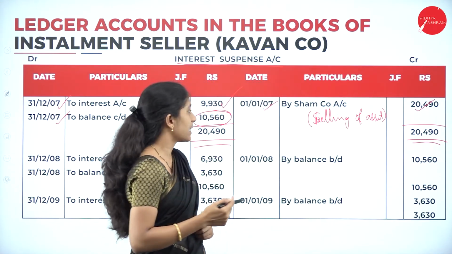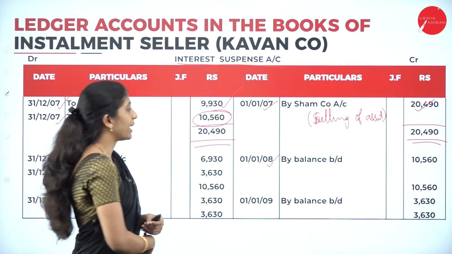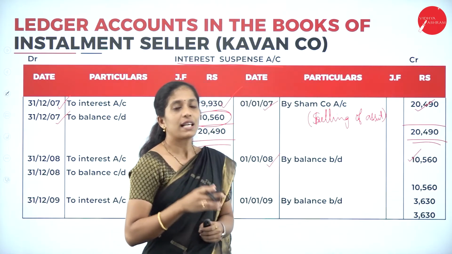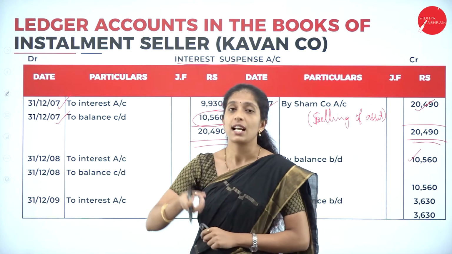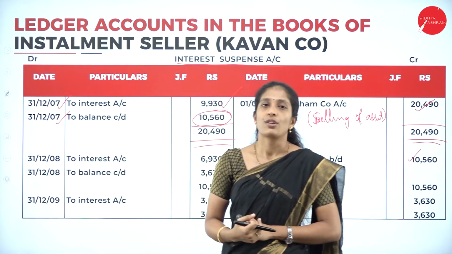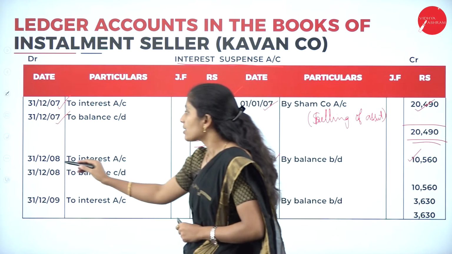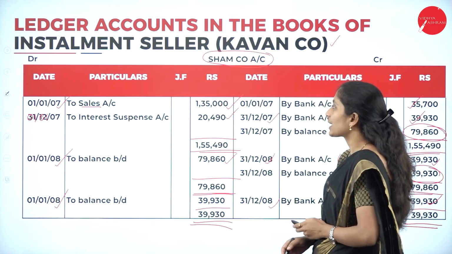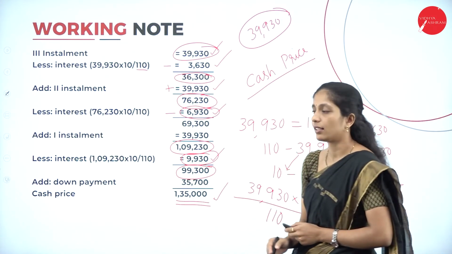Now come to the next year, that is 2008. 1/1/08 by balance brought down 10,560. Now in the second year, since you are not going to record the entry for selling of asset, directly go through interest due. So what is the entry? Interest suspense account debit, to interest account. 31/12/08 to interest account. So what is second year interest? That is 6,930.